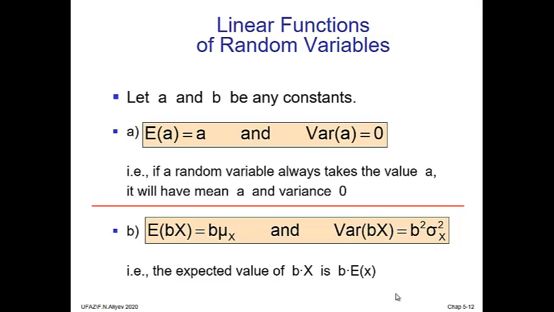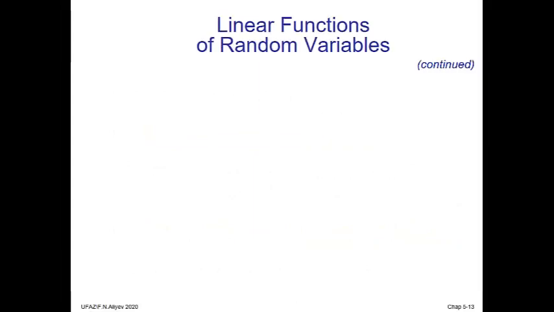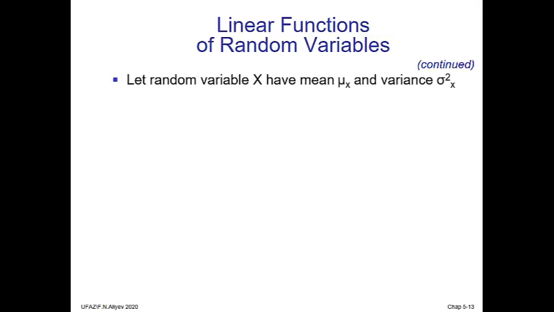This formula is not written here, but maybe you understand me. Standard deviation of bx equals the absolute value of b multiplied by the standard deviation of x. We now consider the general case of a linear function of random variables. Let x have mean mu x and variance sigma x squared. Let a be a constant.